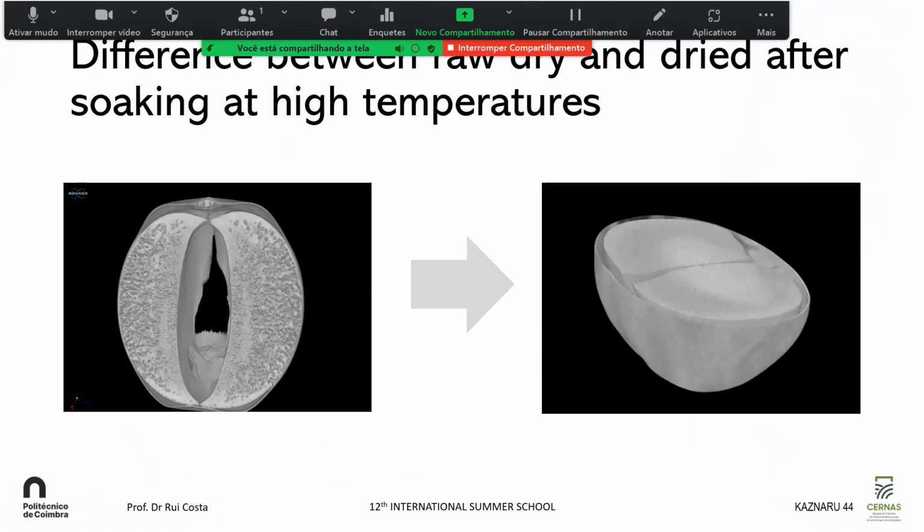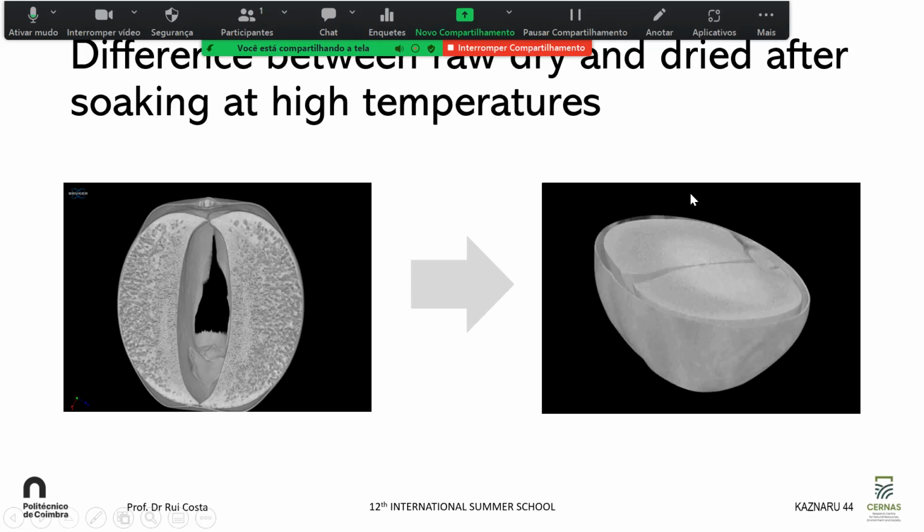What happens when we hydrate? If you hydrate at a high temperature, then all this material will grab water, will expand, and then if it is boiled at high temperature, the starch will gelatinize. And then if you dry it again, it will not come back to the initial shape.